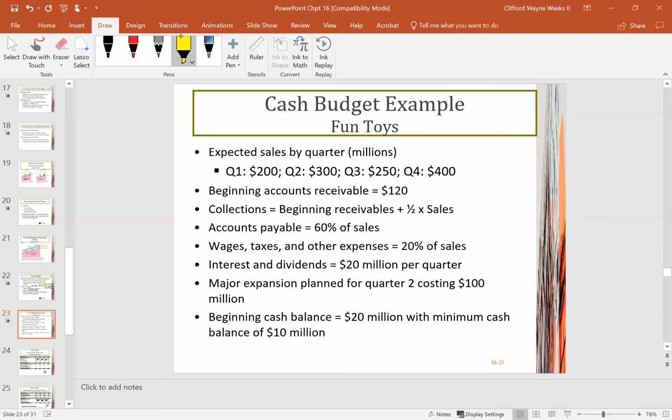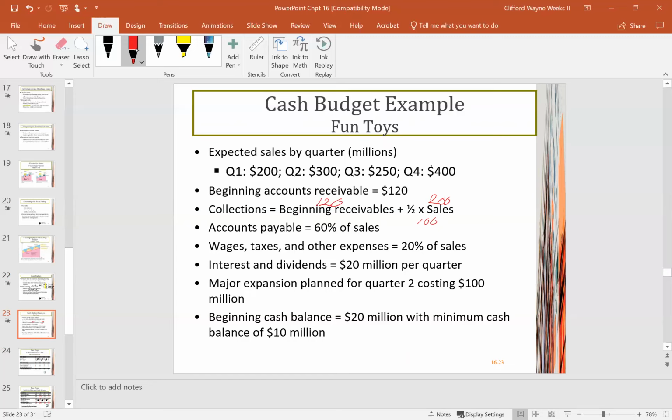For instance, in the first quarter, we're going to collect that beginning receivables of 120, and we're going to take half of the sales of the current period, or 200, so this comes out to be 100. That means we're going to have 220 collected in the first quarter.